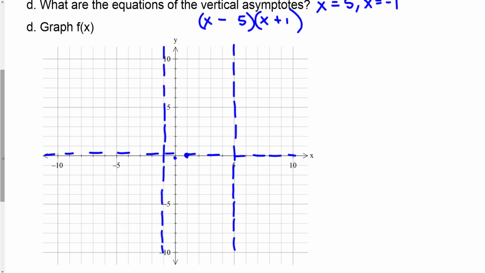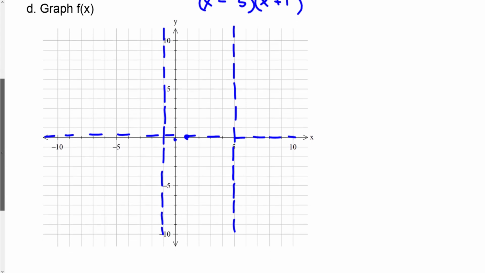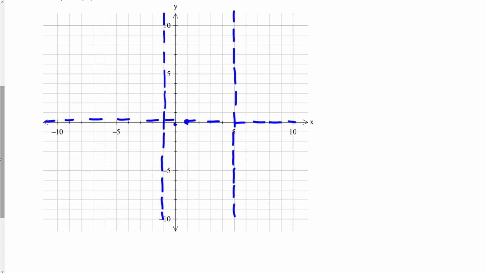Now, to fill in the rest of the graph, I need to determine where the graph is going to be based off of the asymptotes, because the asymptotes bend the graph toward them. So in the negative region, the graph is either going to look like this or it's going to look like this, because it has to bend toward these asymptotes.